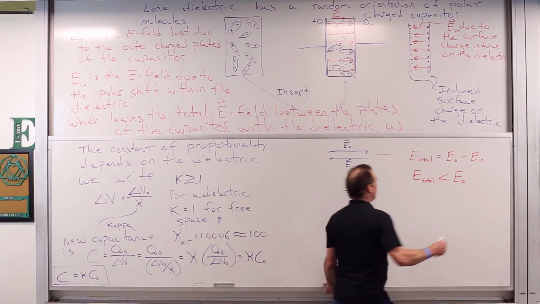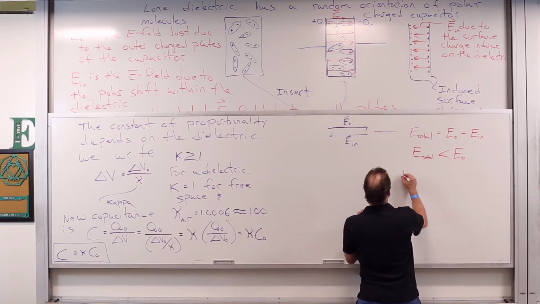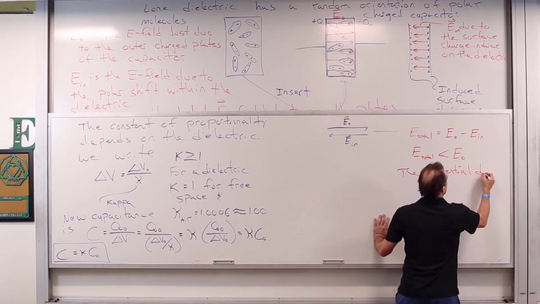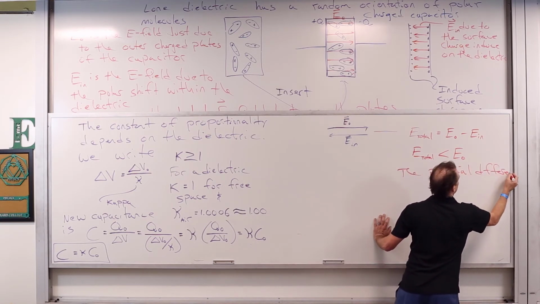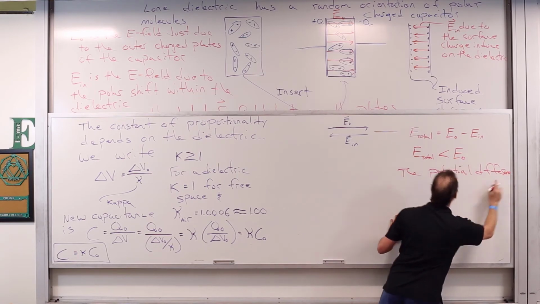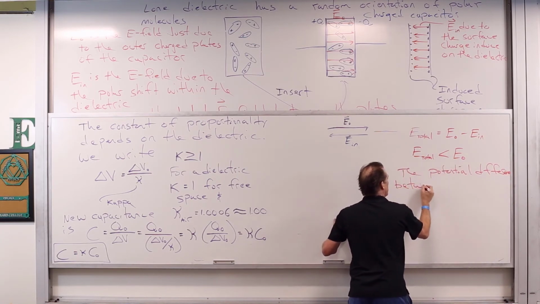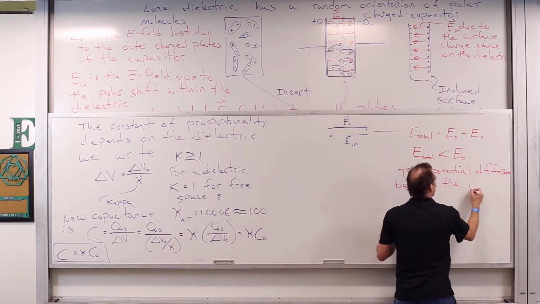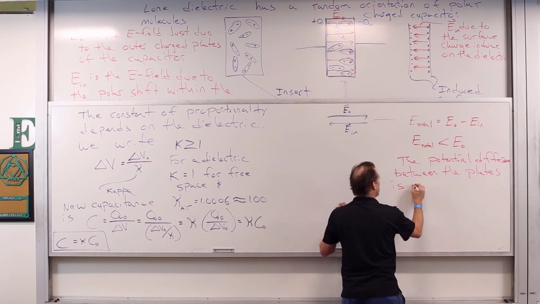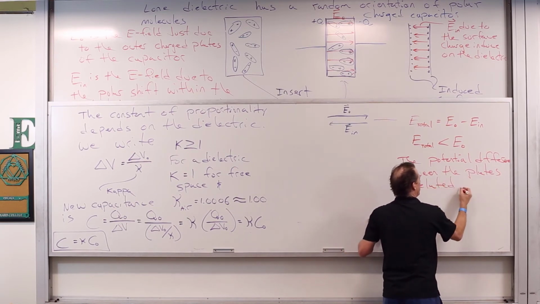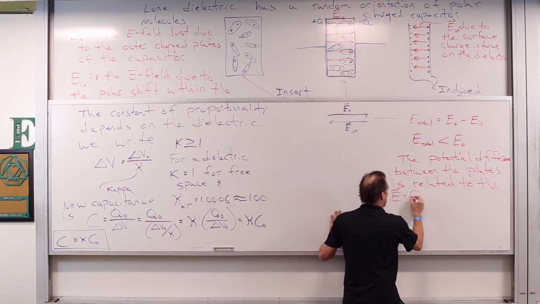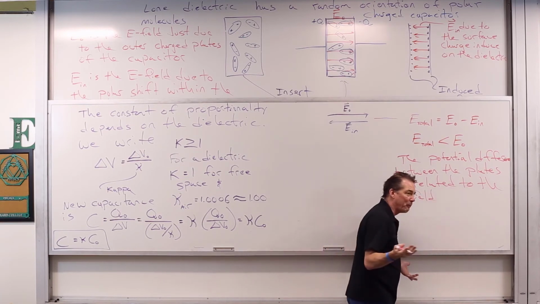What does that mean? Well, the potential difference between the plates, squeeze that in, potential difference between the plates is related to the electric field for a parallel plate capacitor.